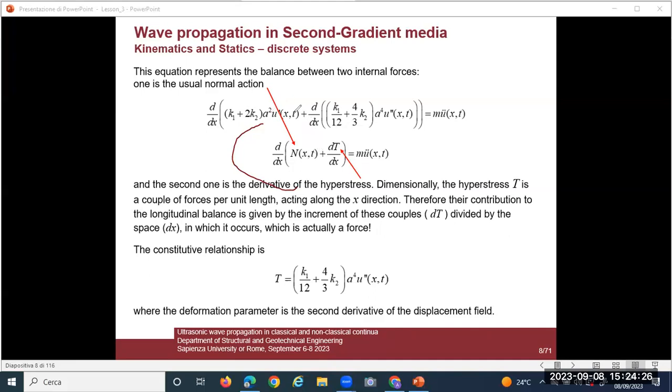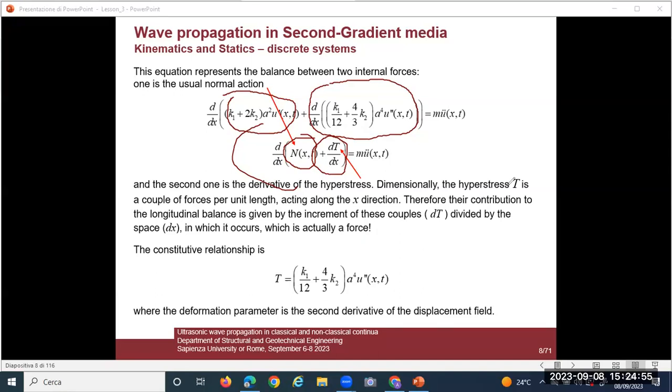Okay, so I was saying that this equation represents the balance between two internal forces. This first one is the normal action. And another one, which is this one, is what you see generally called in a second gradient capital T. Now, capital T is a hyperstress.